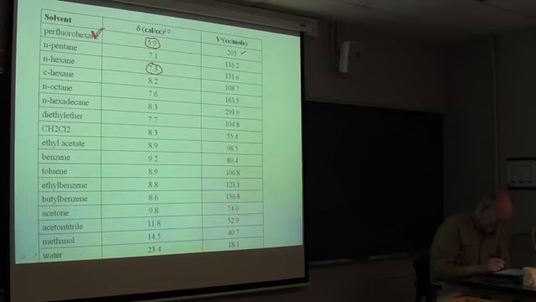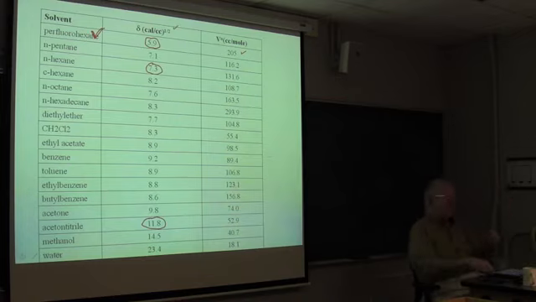Let's look at something like acetonitrile. Acetonitrile has a rather higher solubility parameter because it certainly has dispersive interactions, but it also has dipole-dipole and dipole-induced dipole interactions, or polarizability interactions.